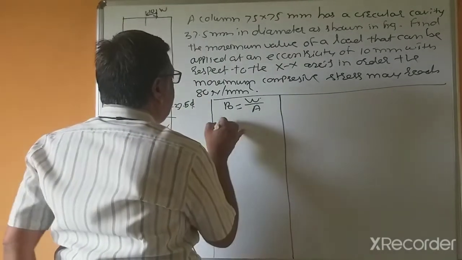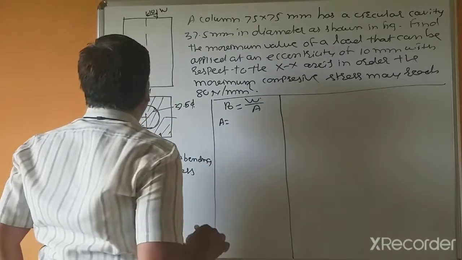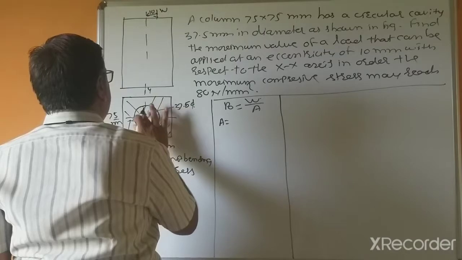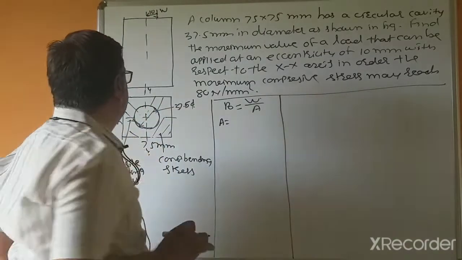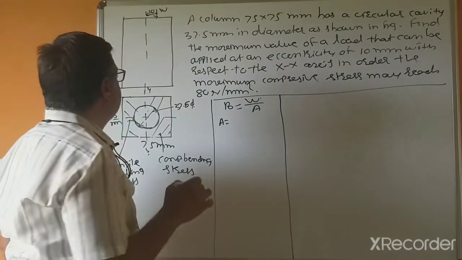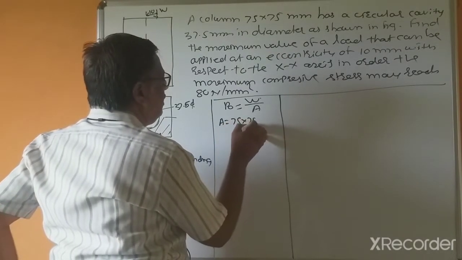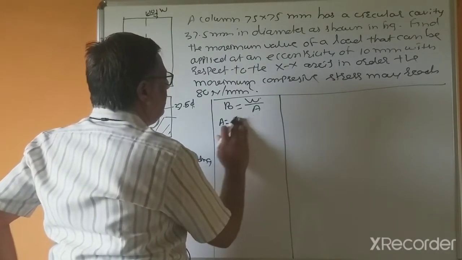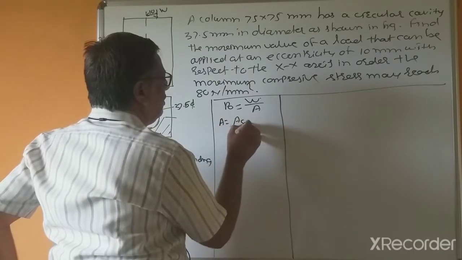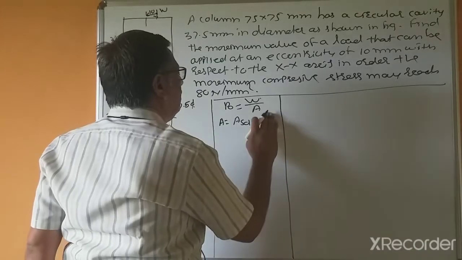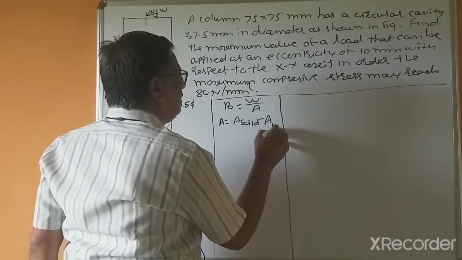So first we will calculate the area. Because this portion is hollow, area equals solid area minus hollow area.